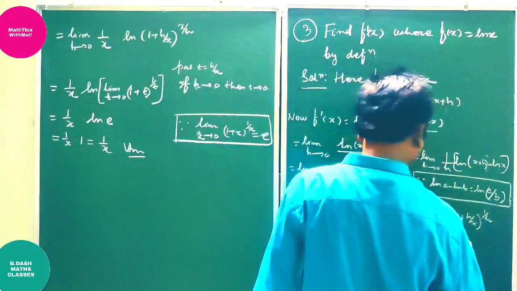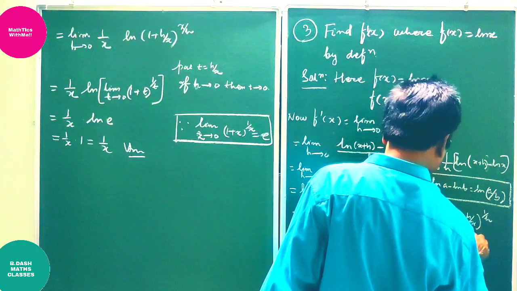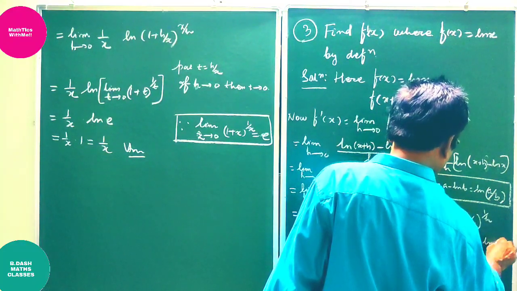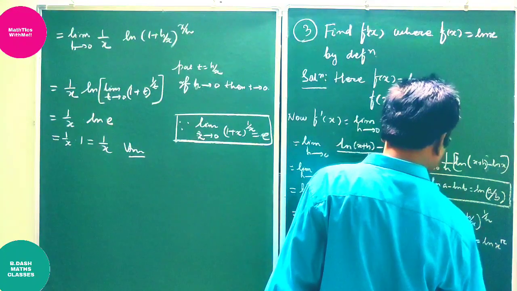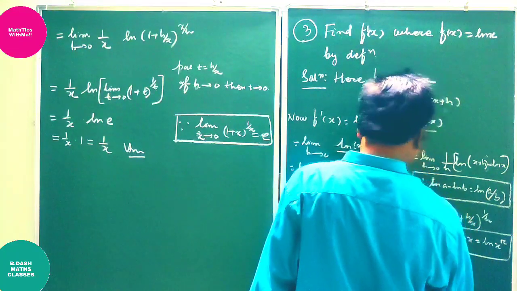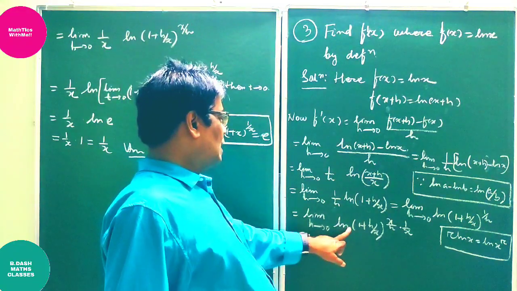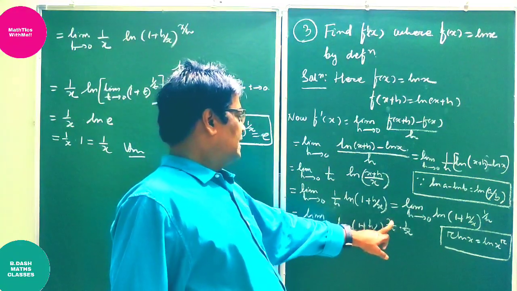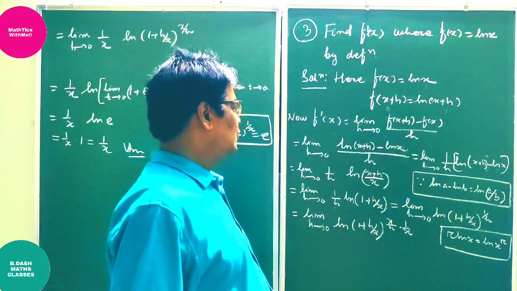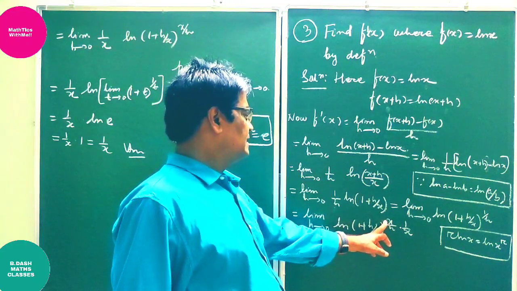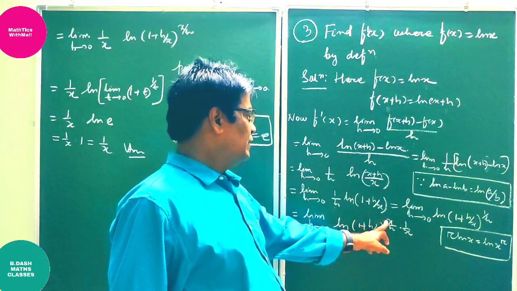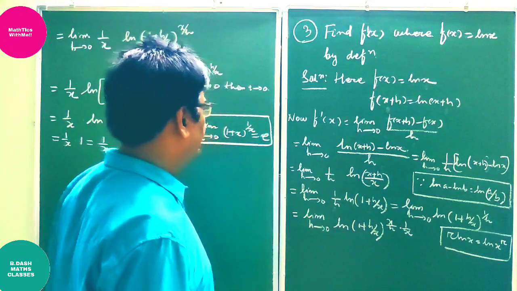Limit h tending to 0 ln of (1 plus h by x) to the power 1 by h, because we know r ln x is equal to ln x to the power r. So now limit h tending to 0 ln of (1 plus h by x), x by x, 1 by x. So we have adjusted this x, multiplied to the denominator and numerator.